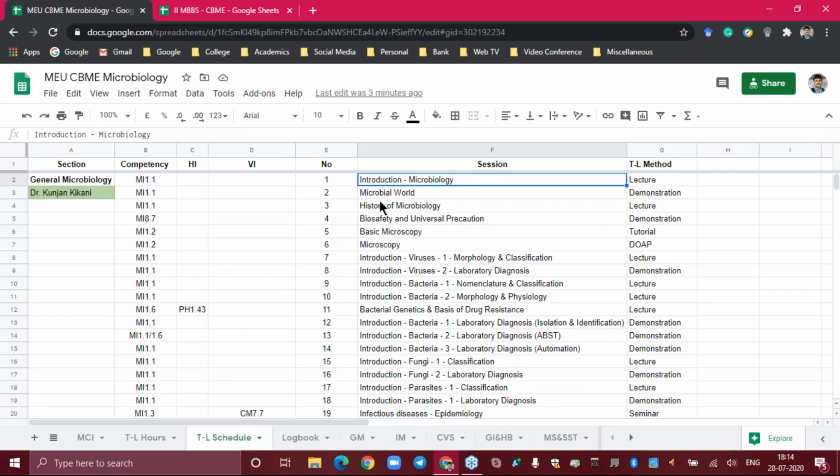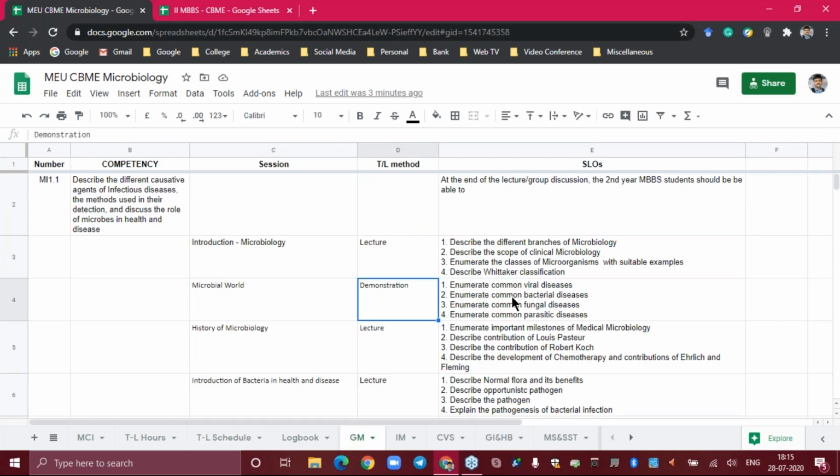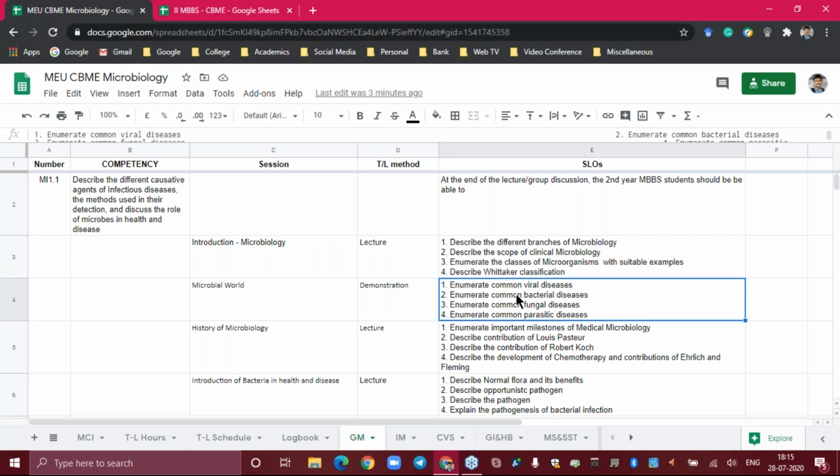If you go to the next one, microbial world is a demonstration. Over here you can see microbial world is a demonstration, so you can link it over here. What you are supposed to teach them in the demonstration: you take them to the class, you try to organize various pathogens.